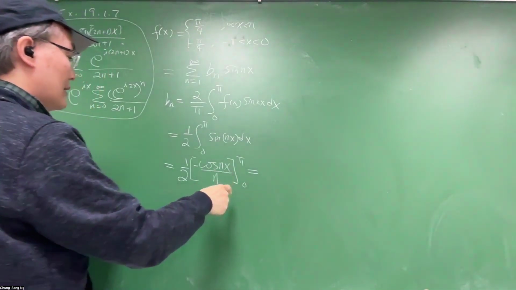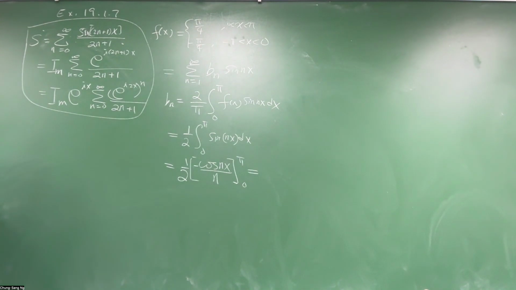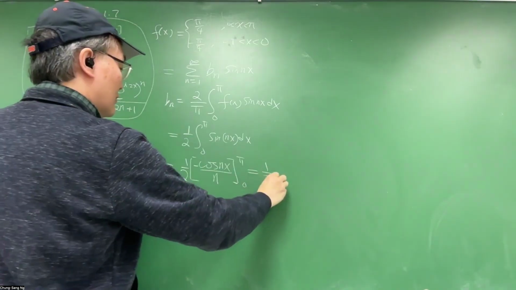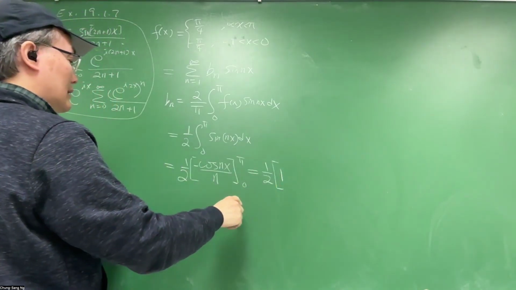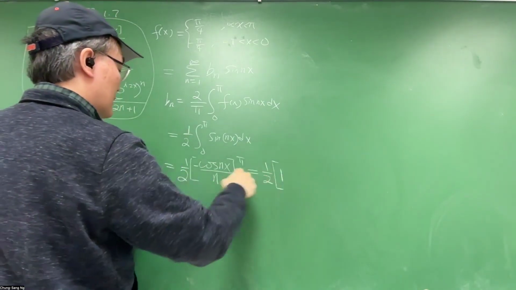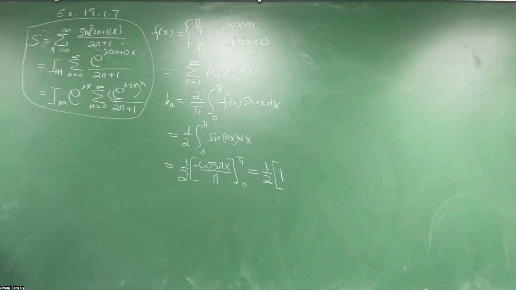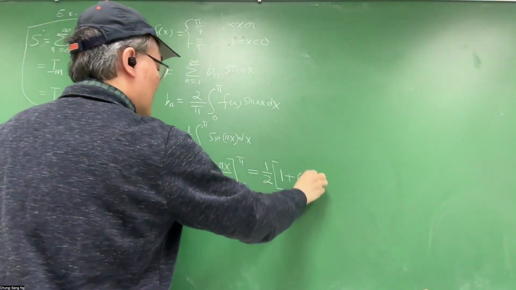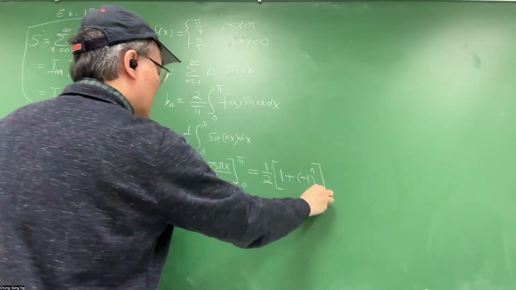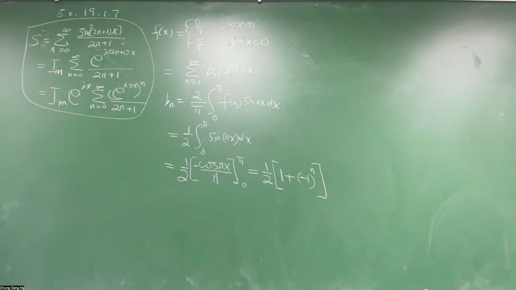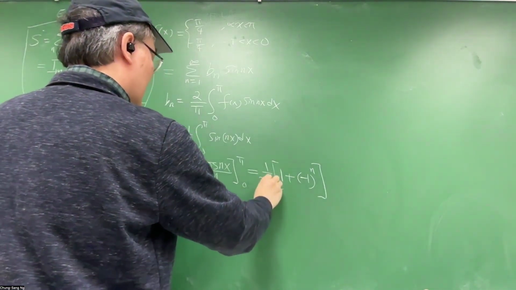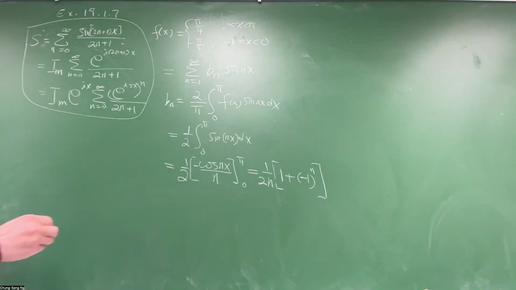You can see there's a negative sign, so 0 will give you 1, and at pi is cosine n pi, which is minus 1, right? And then there's an n, right?